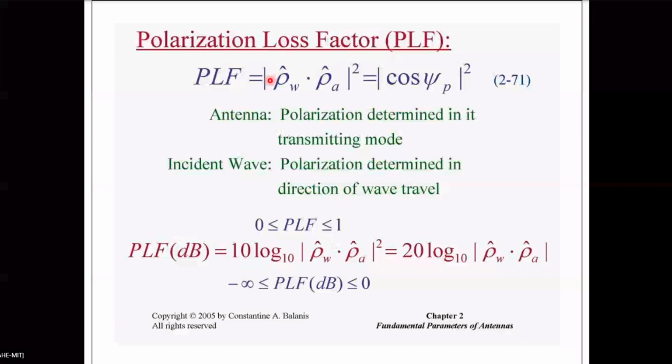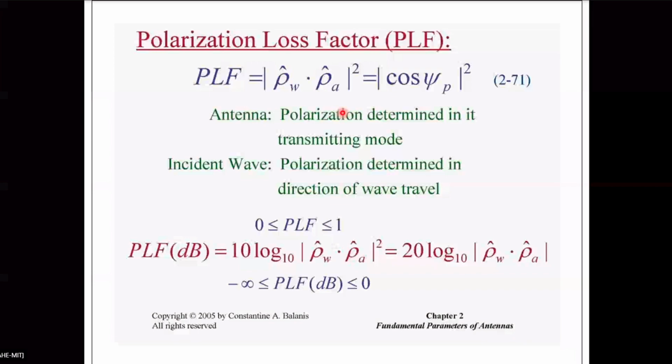Rho A hat is also a unit vector, and it represents the polarization of the antenna. As I said, the polarization of the wave represents the polarization of the electric field.